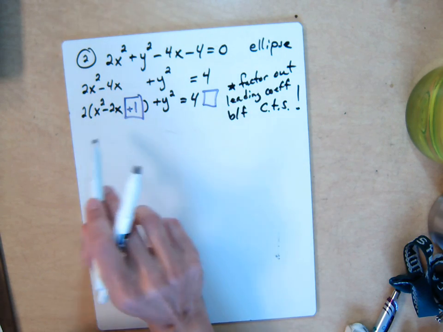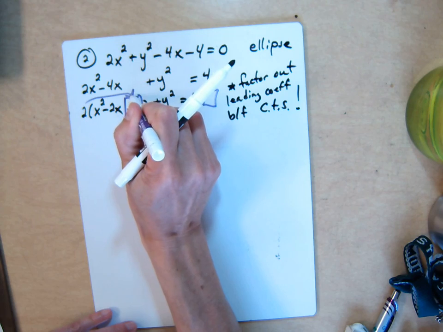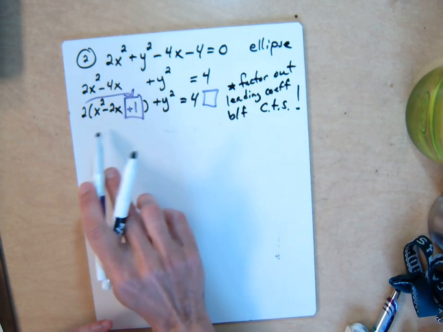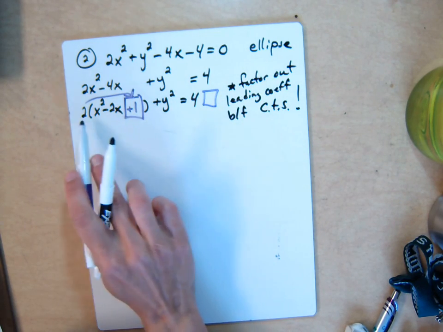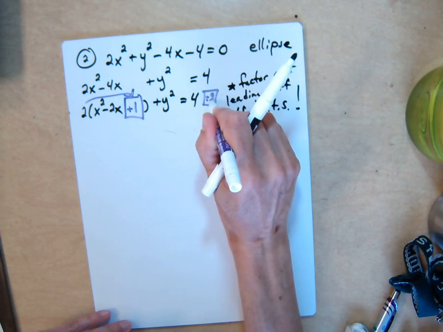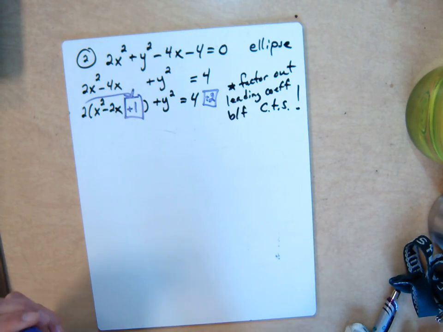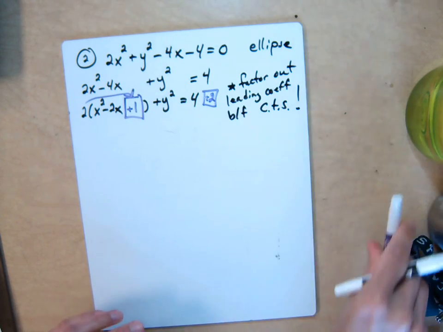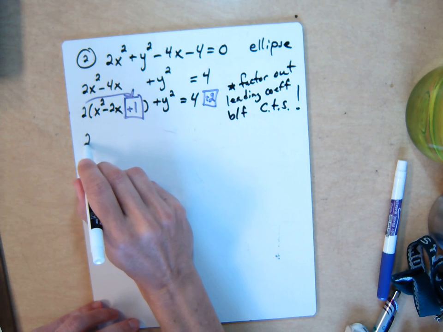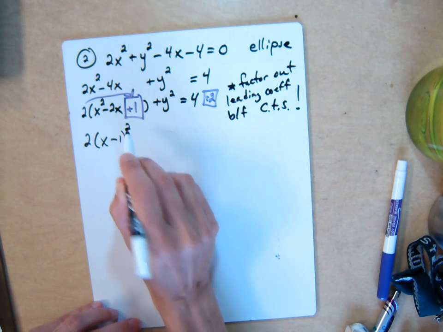What did I really add? Because of the distributive property, what I really added to the left side was 2, because 2 times 1, if I distributed this out. So you have to add 2 here. It's not the same number. It's what you need to balance the equation. Alright, so now everything else works the same. This factors to x minus 1 quantity squared.